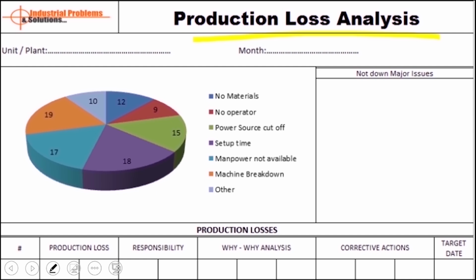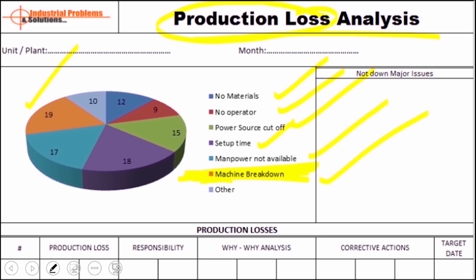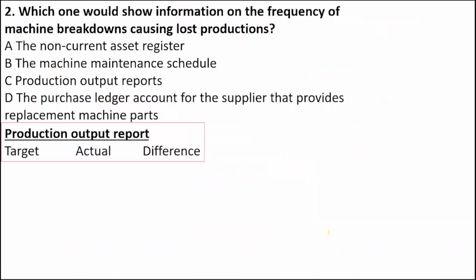And the reasons could be there's no material, there's no operator, power source cutoff, setup time, manpower not available, machine breakdown. See, in this particular case, 19% of the time, there was a production loss due to machine breakdown. So this forms part of the production output report. So the frequency of machine breakdowns is given in the production output report.